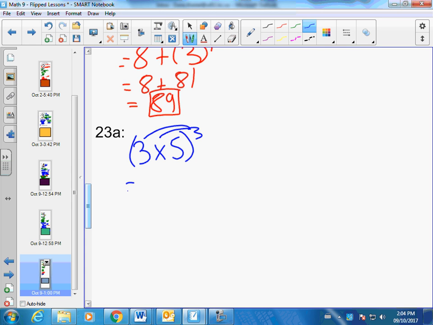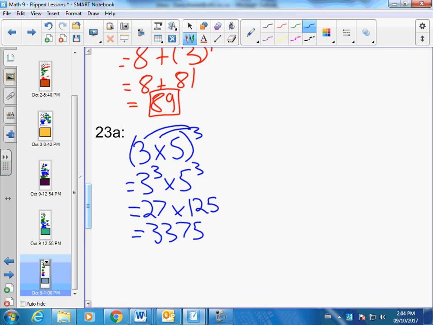So I'm now going to get 3 cubed times 5 cubed. I'm going to solve this one. So I'm going to get 27 times 125, and I wind up with a final answer of 3,375. So that's what you're doing for question 23.